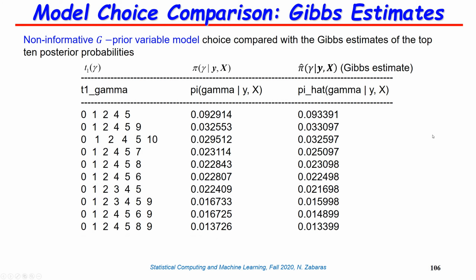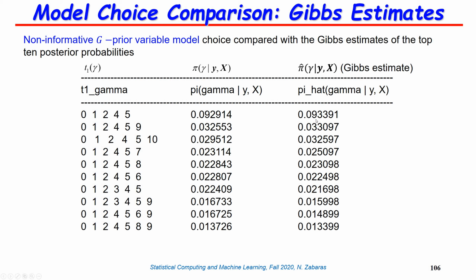If you now integrate C out and you use the non-informative G prior, we have the same table, all right? This is by evaluating the posterior at all possible models, and this is by taking the top ranking models that we evaluate using Gibbs sampling, and you can see the results agree quite well.